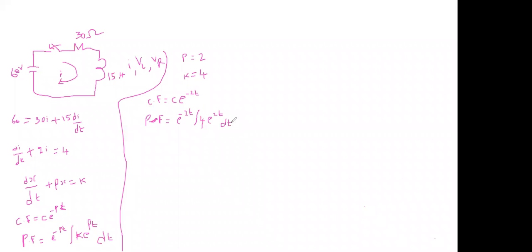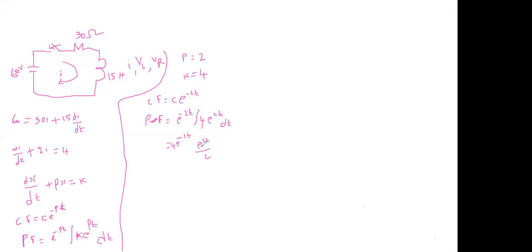After simplifying, 4 is a constant, so 4 e power minus 2t, and integrating e power 2t we get e power 2t by 2.